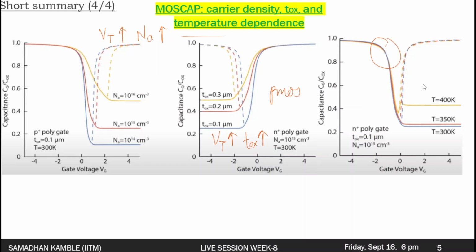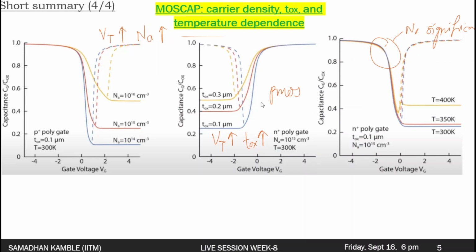And so the MOS capacitor tries to behave like a standard capacitor. So the temperature increase gives us more ideal or standard capacitor like behavior, where the capacitance is purely geometric.